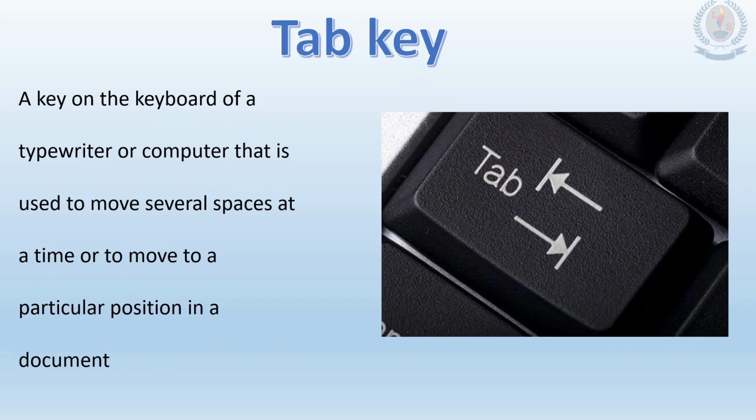And then the tab key. As we know, the space bar is used to leave a small gap between letters or words. But the tab key is used to keep several spaces at a given time. That means it will keep more than one space between the words or the letters, right?